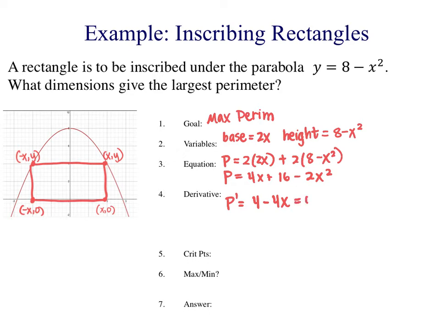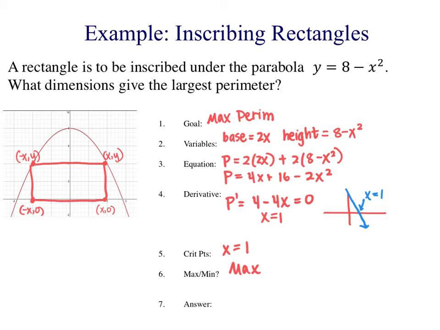I can set that equal to 0, x is 1. I could also graph it, and the line would come like this, and we would find x is 1 again. And that's the max crossing from positive to negative. So our critical point is x equals 1, which is going to give me a max.